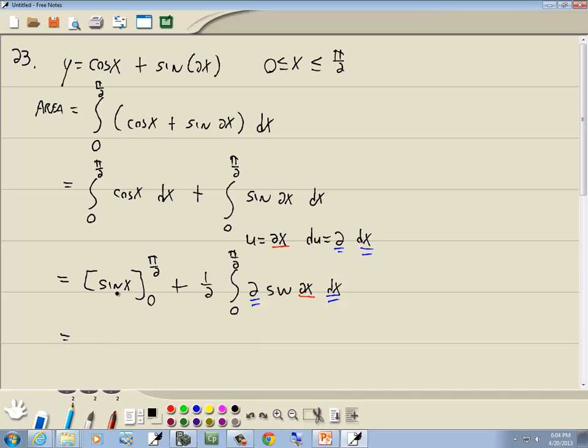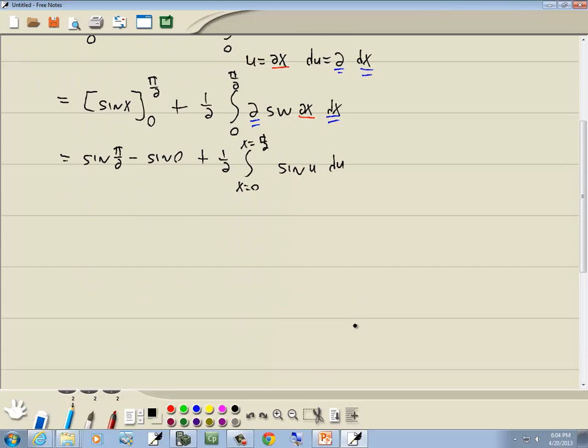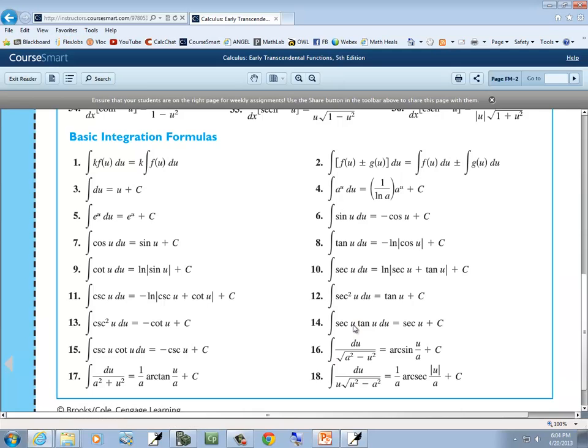Now here, I'll plug in pi over 2, so I've got sine of pi over 2 minus sine of 0, plus 1/2, and this will be from x equals 0 to x equals pi over 2, and that becomes sine u du after we do our substitution. Now again, our goal is to get that to look like something in our table, and we have an integral of sine u du.